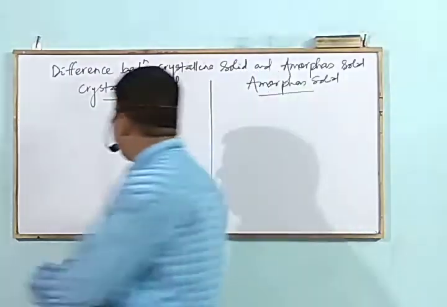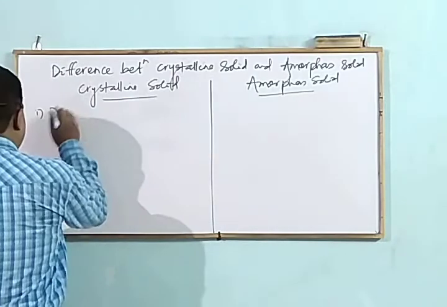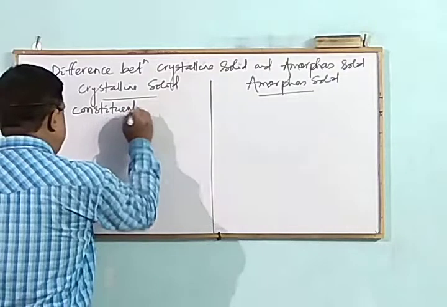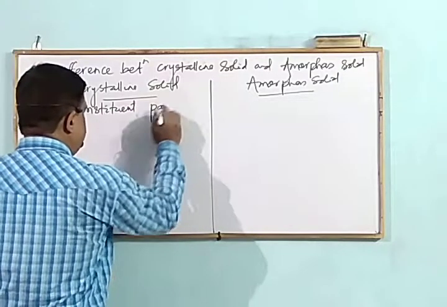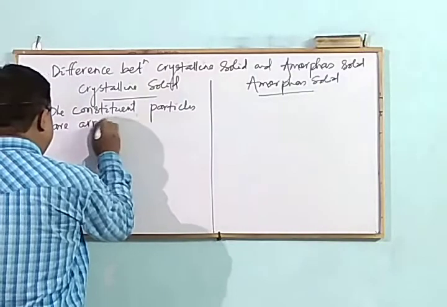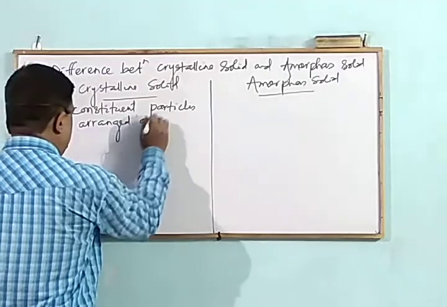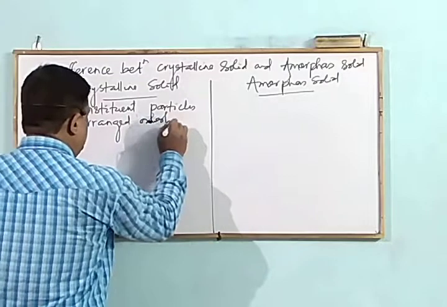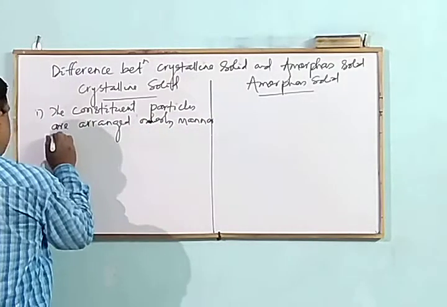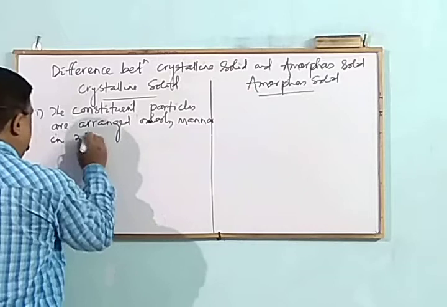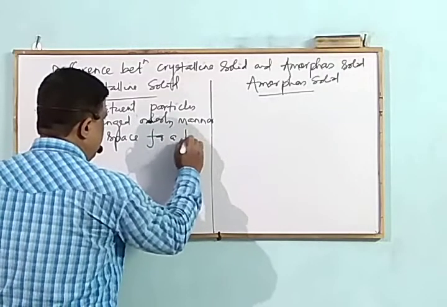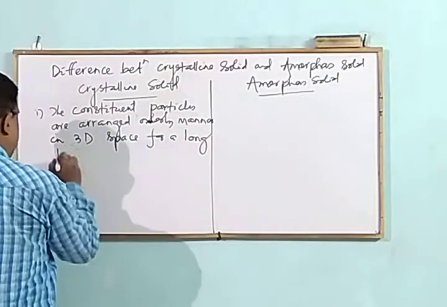So what is point one? Point one, the constituent particles are arranged in an orderly manner in three-dimensional space for a long time period.